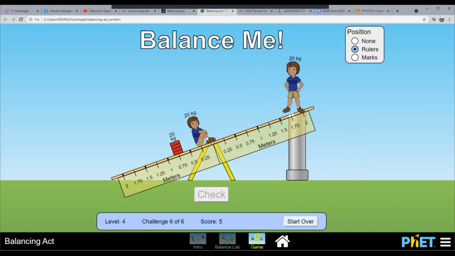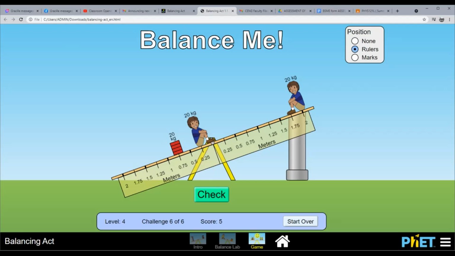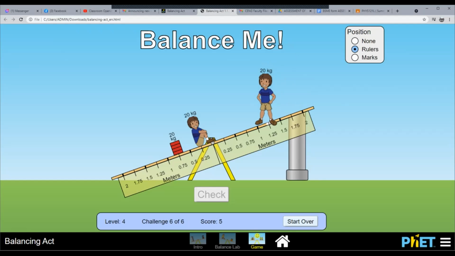Saan natin ito lalagay? Is this at 2 meters? Where do you want it to be placed? 1.25. Try lang. Yan, sa 1.25. Okay na kayo?